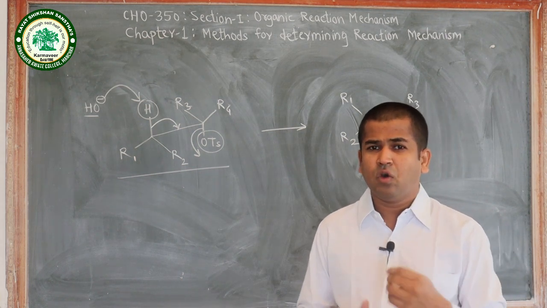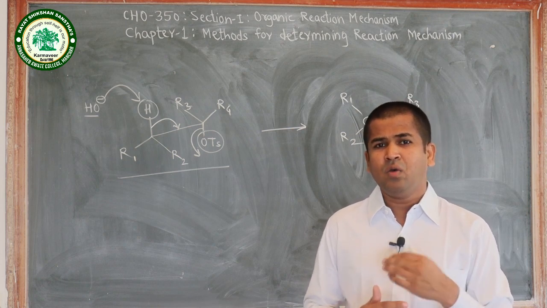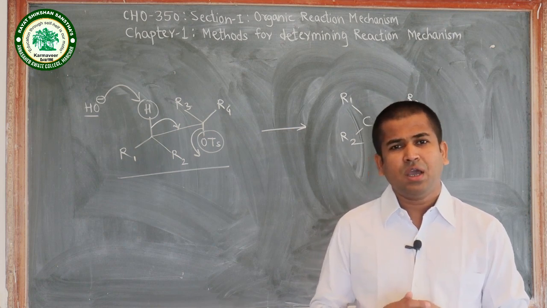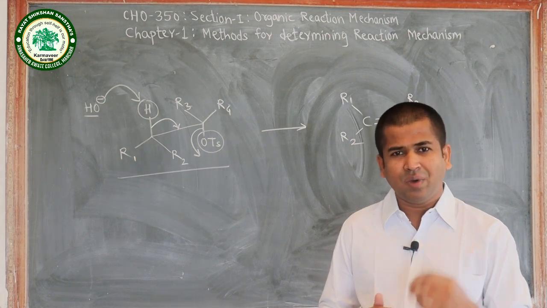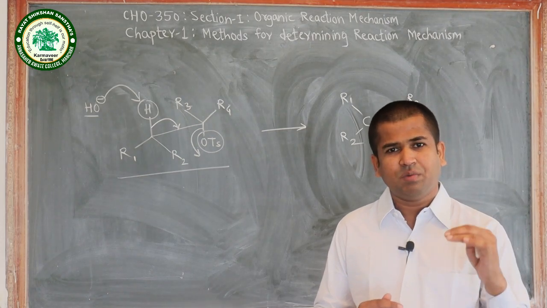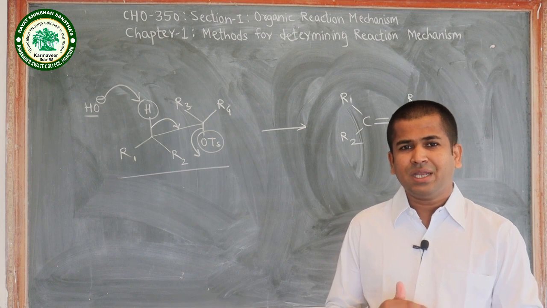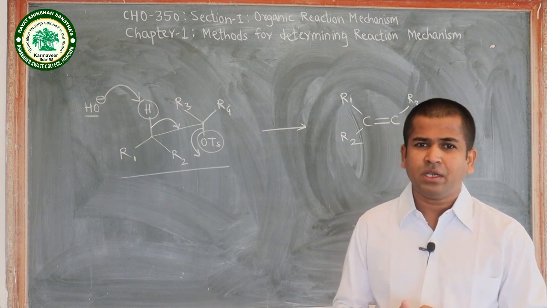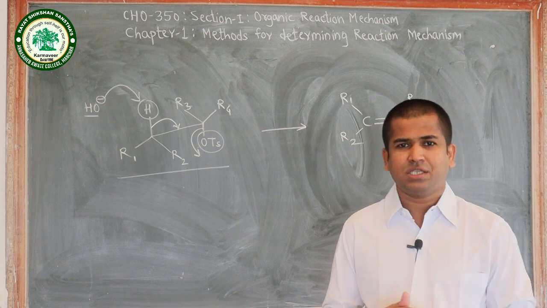Now we go to the next point and consider how the entropy of activation affects the rate of reaction. When we study only one reaction, we can find out only the rate of that particular reaction, but to understand whether the reaction is faster or slower, we have to consider two similar reactions.